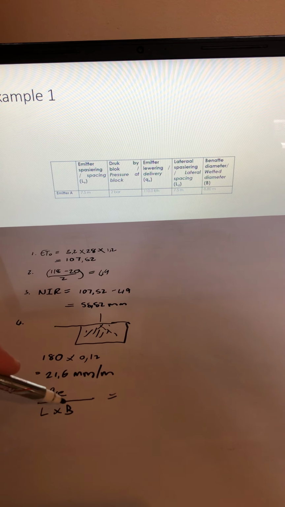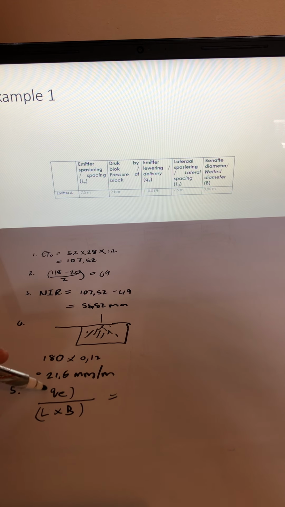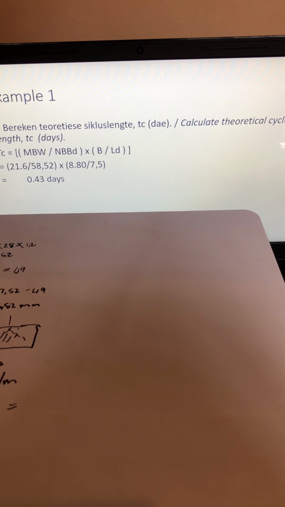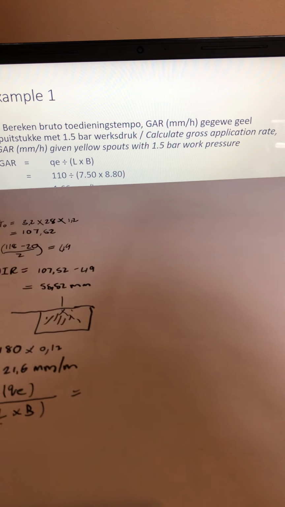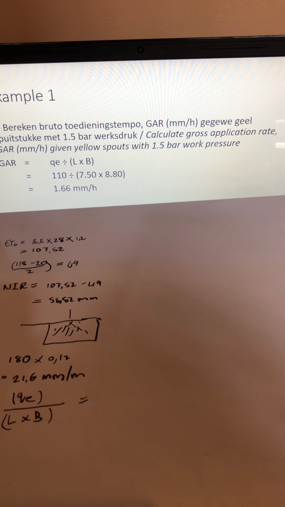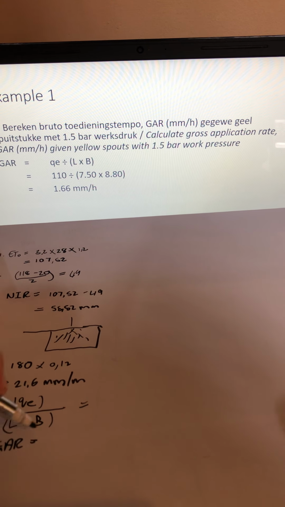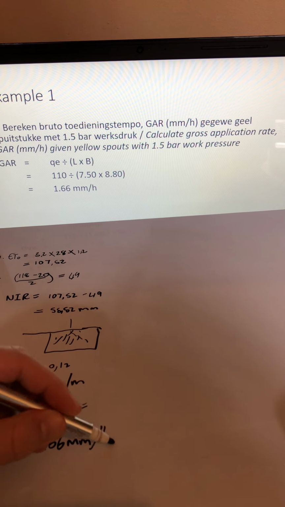So this is basically the area under the line, and then above the line is the rate at which the water is exiting the emitter. From that, the gross application rate is 1.66 millimeters per hour.